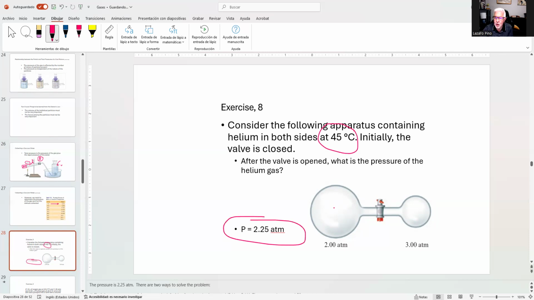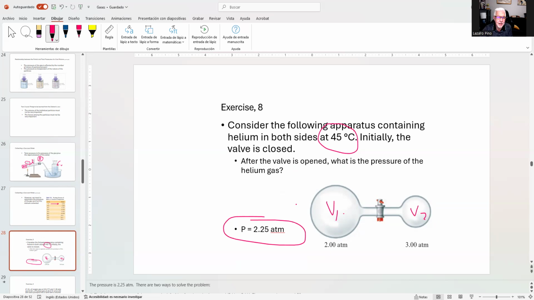And when you open here, you know this volume and you know this volume, a certain amount of gas will go from the biggest volume to the small volume until you get an equilibrium. At this point, what is the pressure of the helium gas?